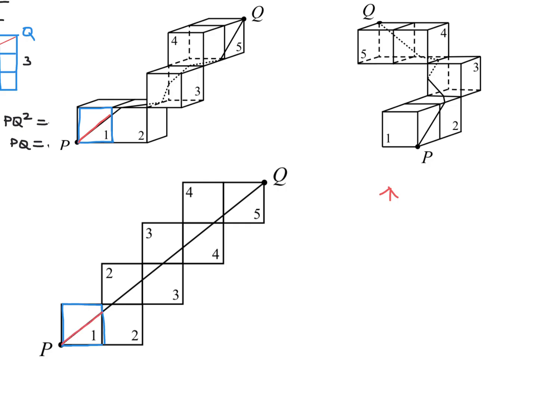Then what they have done is they have taken this second face, and the face that's on top, and flattened out the top one, as you can see. And what that does is allows you to continue that path in a straight line, where the red is representing the straight line.